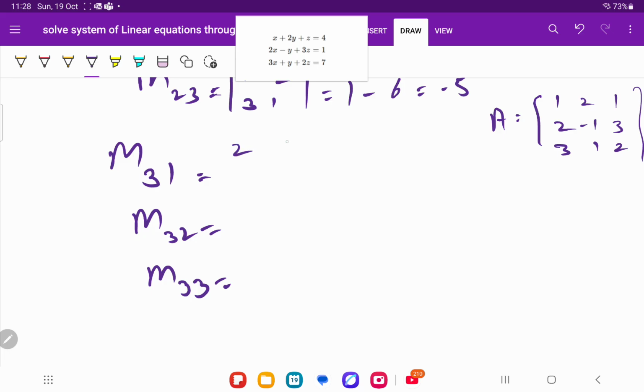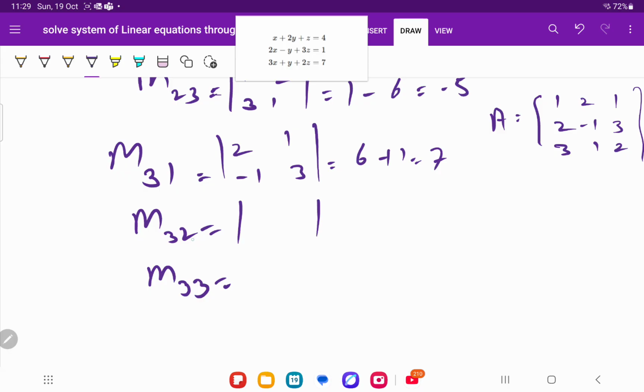So 2, 1, minus 1, 3. 2 multiplied by 3 is 6. 1 multiplied by minus 1, answer is plus 1, so minus 7.